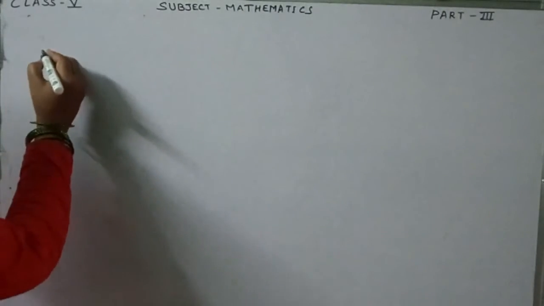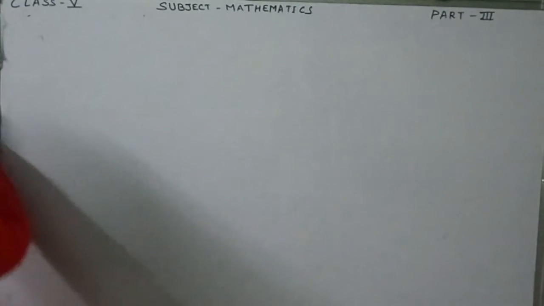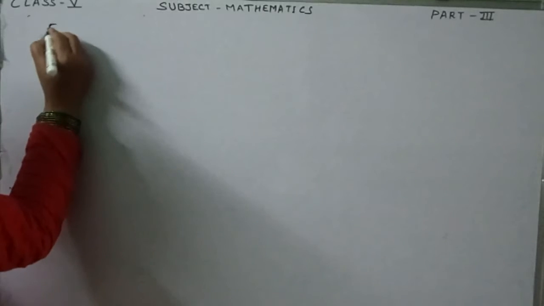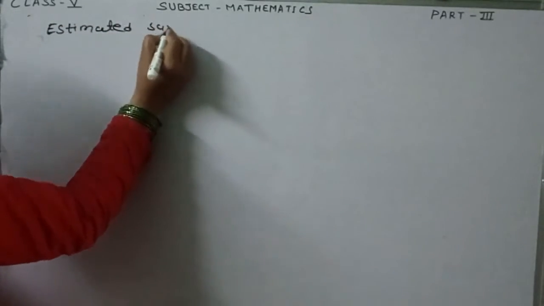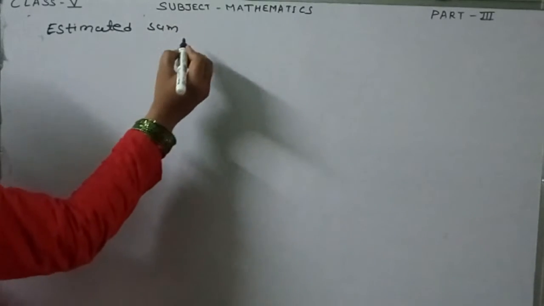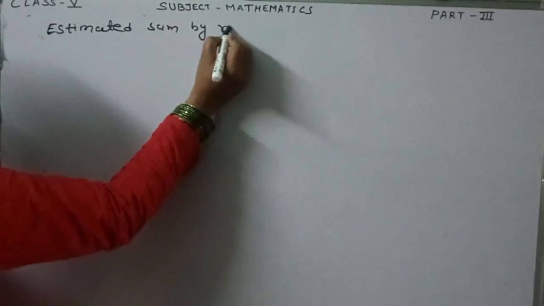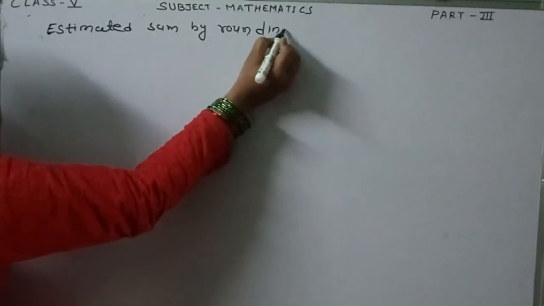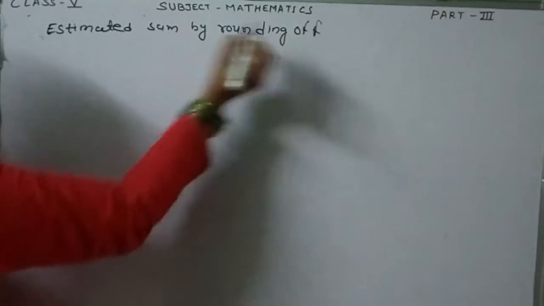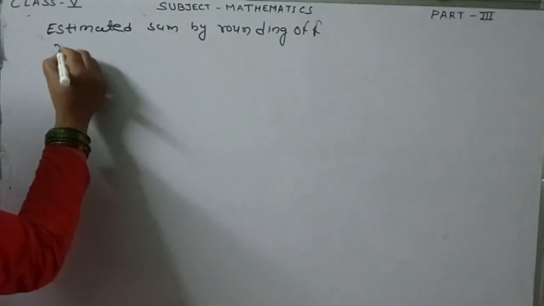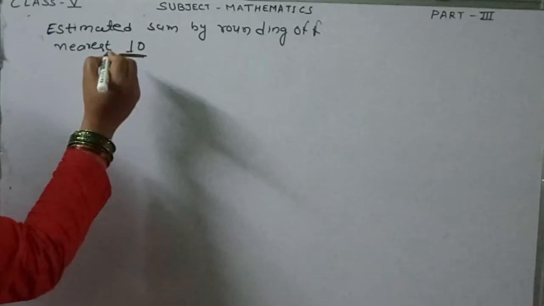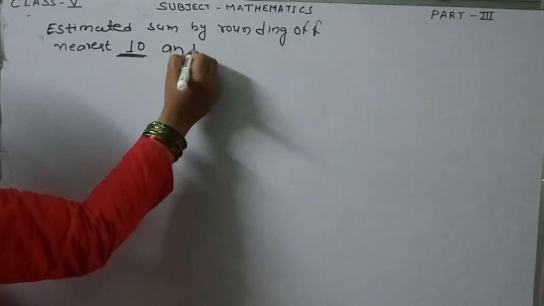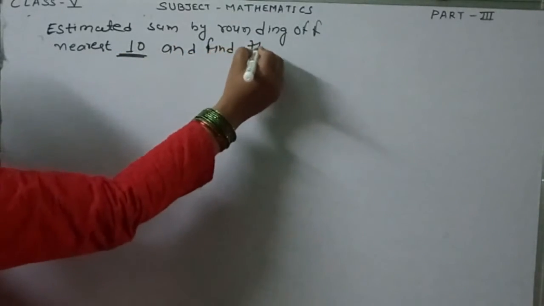The question is: find the estimated sum by rounding off to the nearest 10, and also find the actual sum.